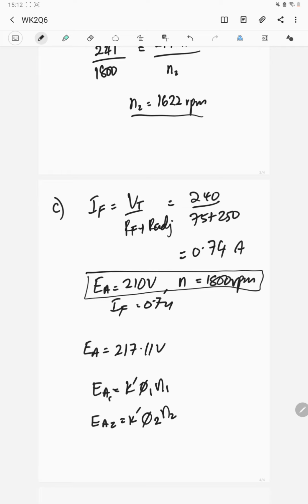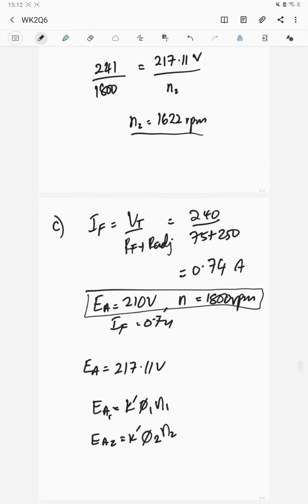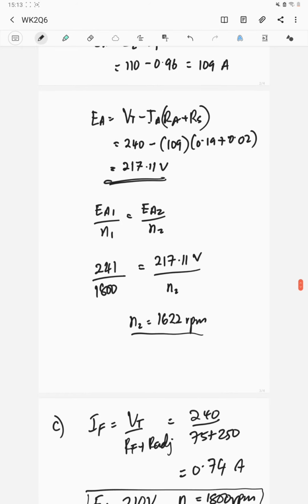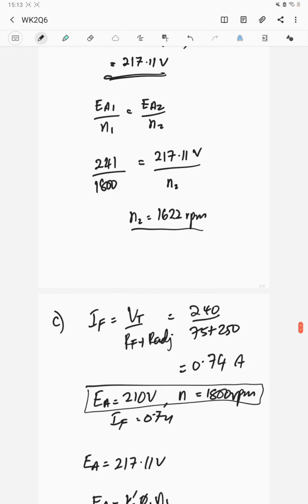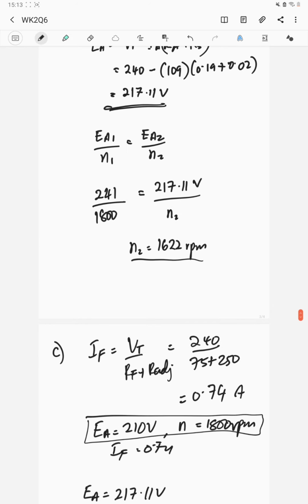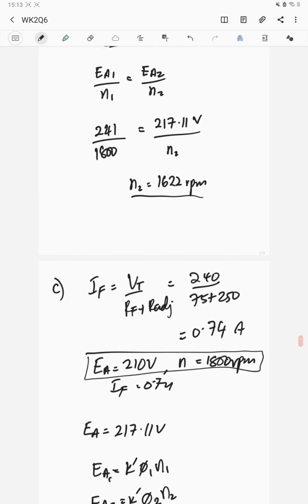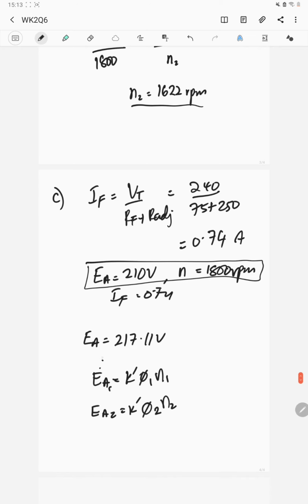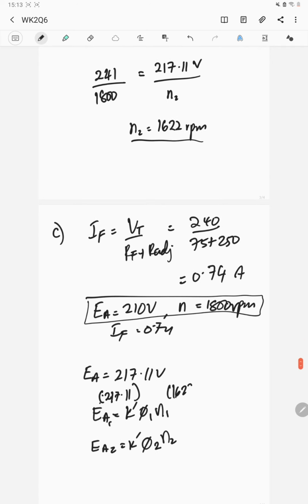For part B, we have the internal generated voltage as 217.11 with the speed of 1622 rpm.